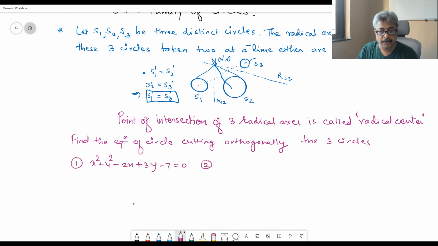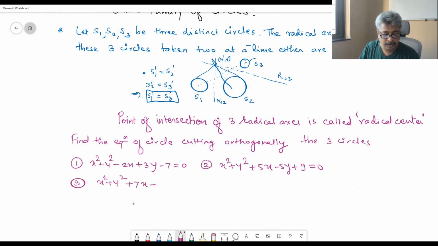Second, x square plus y square plus 5x minus 5y plus 9 is equal to 0. And the third circle, x square plus y square plus 7x minus 9y plus 29 is equal to 0. Show me the circle which cuts these three circles orthogonally.